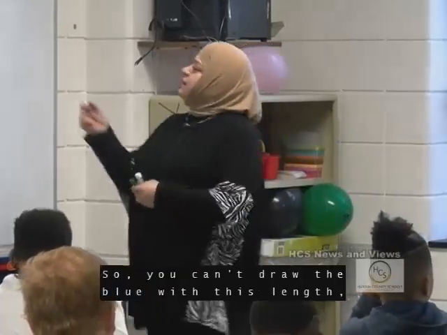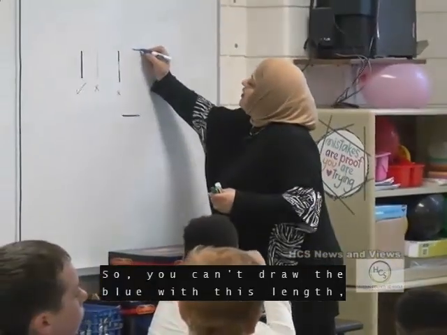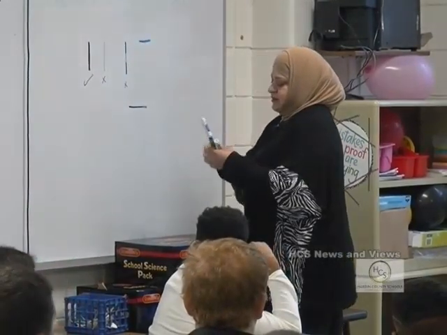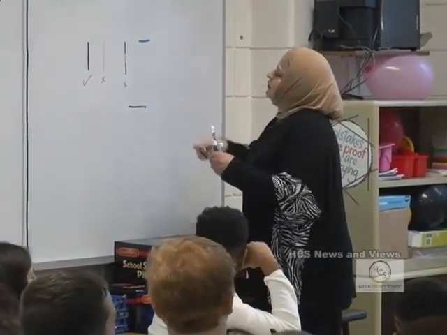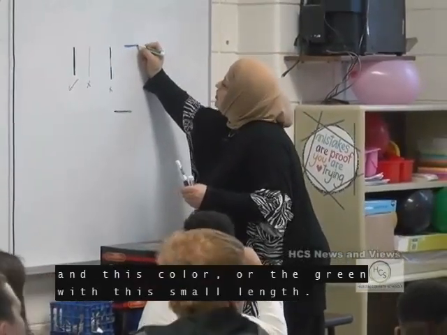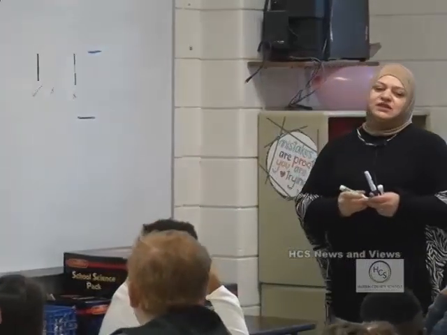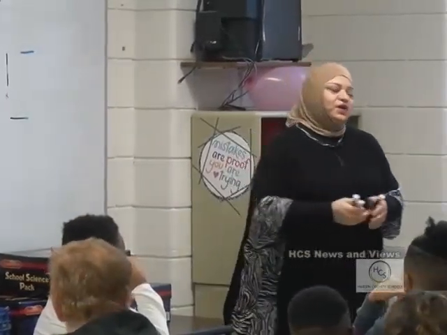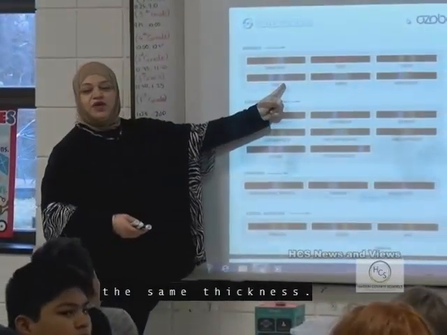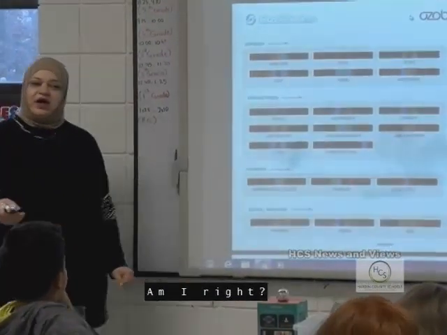So you can't draw the blue with this length and the green with this small length. This is not a code at all. You can tell from here that they have the same thickness. Am I right? Yes.